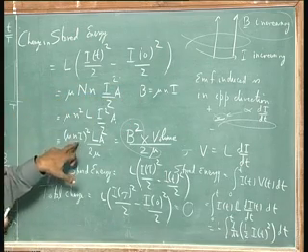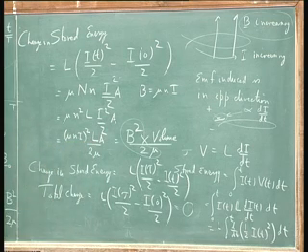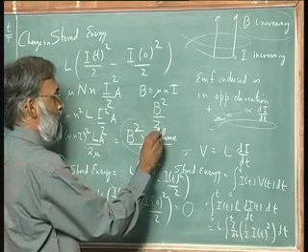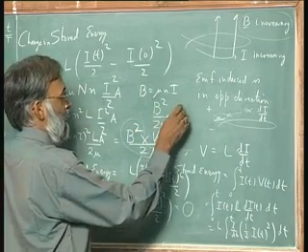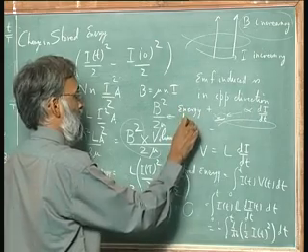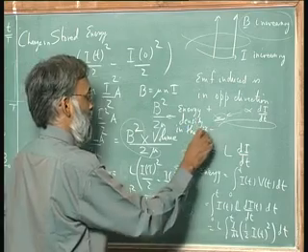I get magnetic field squared times volume divided by 2 mu. So, again B squared by 2 mu is energy density in the B field.